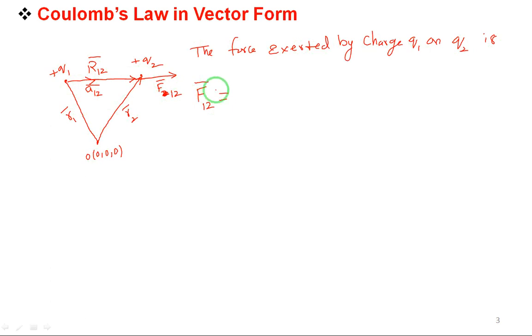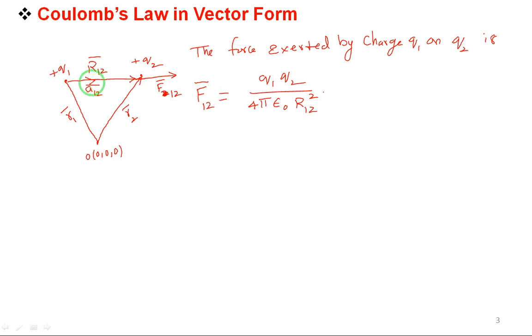And we know the definition of Coulomb's law already. It is the product of the charges q1, q2 by the proportionality constant 4 pi epsilon naught, and the distance between the two charges is r12 square, into, yes, I have to associate the direction, because force is a vector quantity, right?